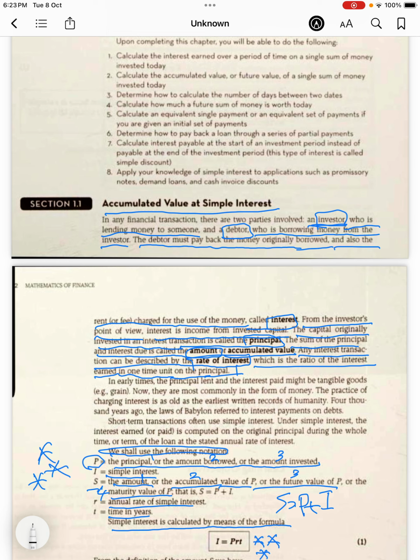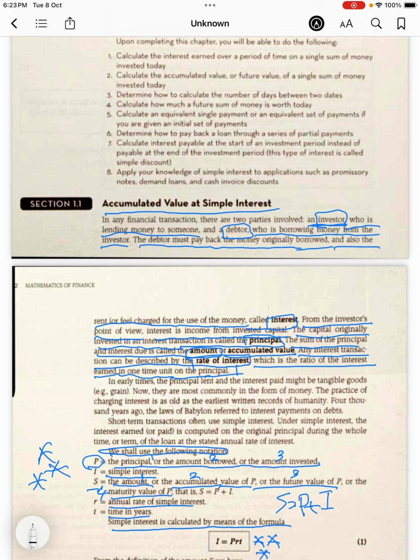From the investor's point of view, interest is income from invested capital. The capital originally invested in an interest transaction is called principal.